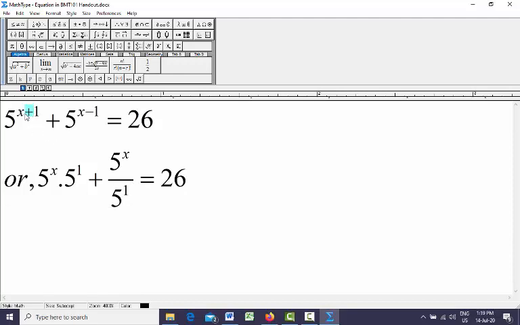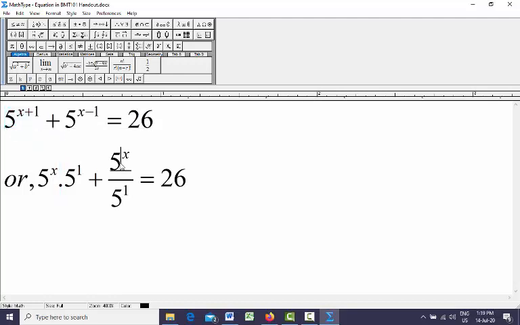See, you pay attention, since we have a plus here, we can write it like this way. So that means 5 to the power x multiplied by 5 to the power 1. Since you can see that here also base 5, here also base 5, and if we are multiplying, then the powers are added together. That means x plus 1. So that means we will get this one back.